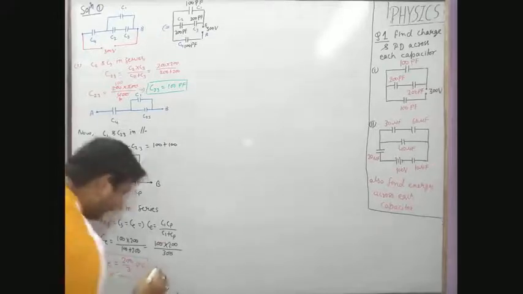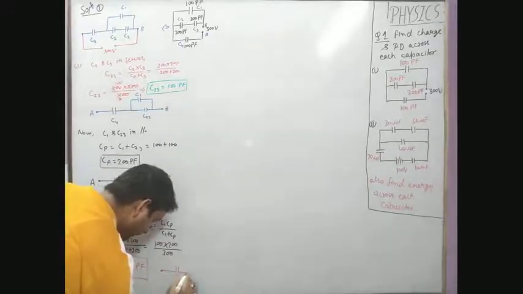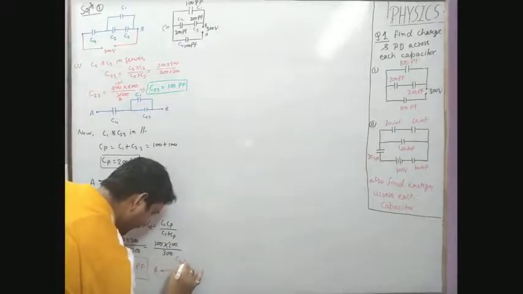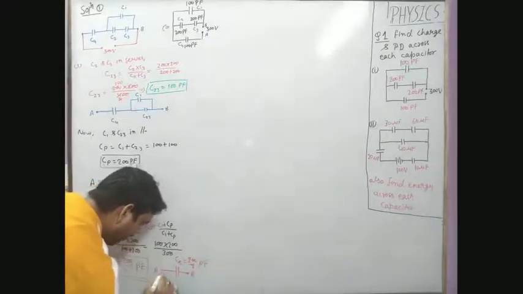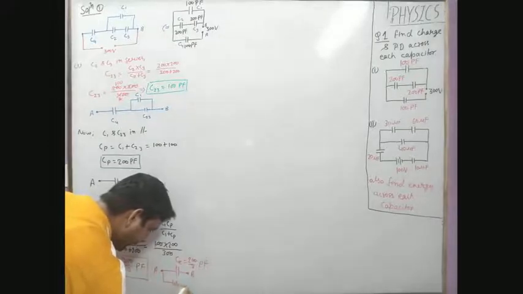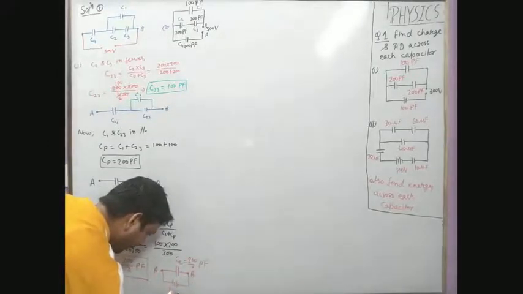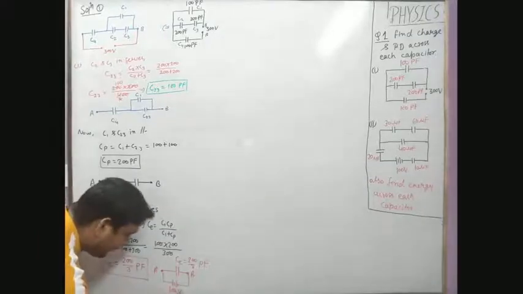And now the circuit is reduced to A and B, C equivalent, which is 200 upon 3 picofarad, across a potential difference of 300 volt.